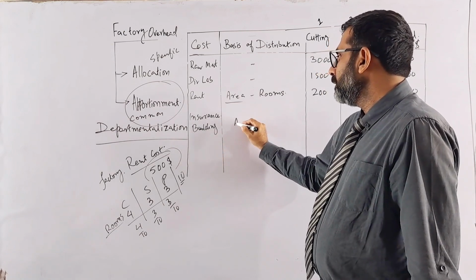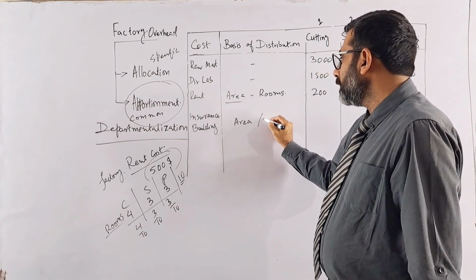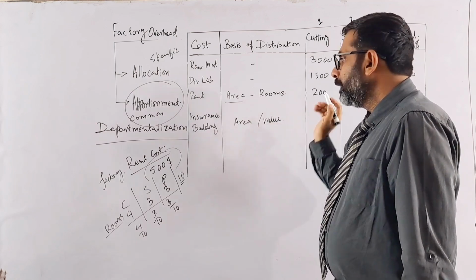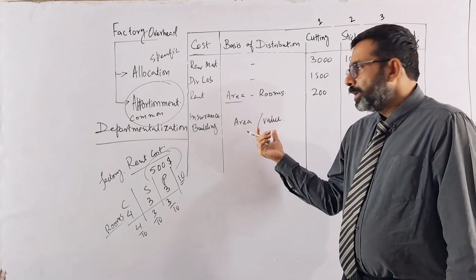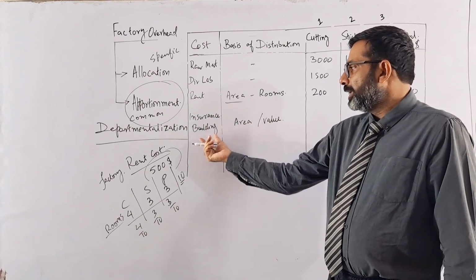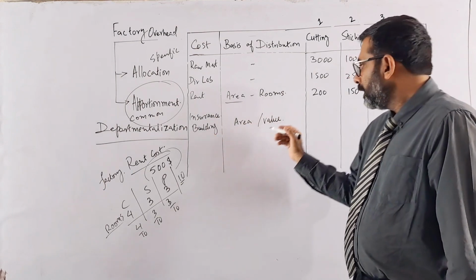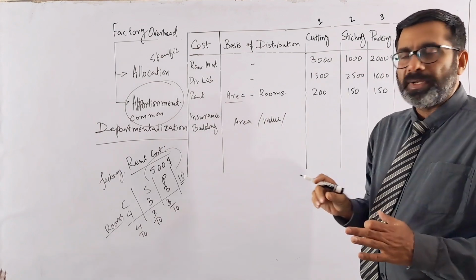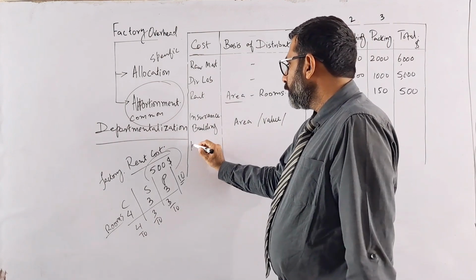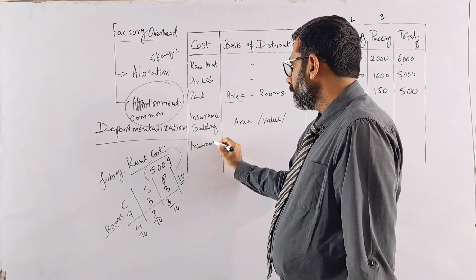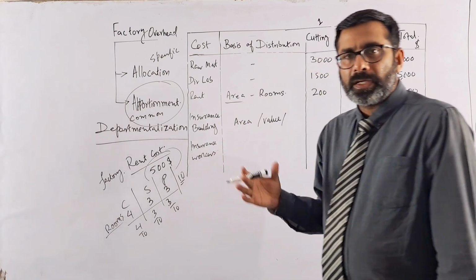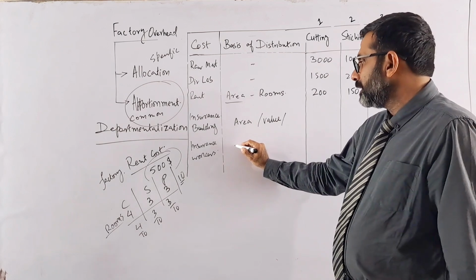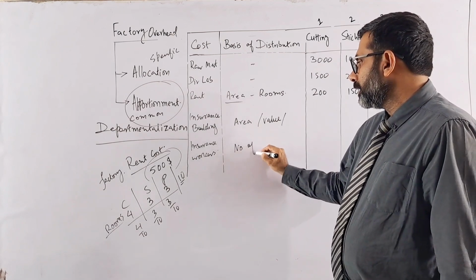Then it will be distributed according to the area, or according to the value of the machine, or if it is for the building, according to the area. Or for example, insurance of the workers: obviously the number of heads or number of workers.